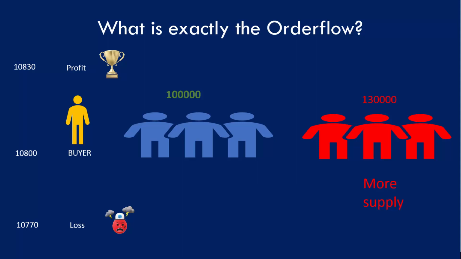And if your stop loss is at 10,770, that's how your stop loss is going to be hit, and that's how your trade goes into a loss. So there is a demand supply mismatch at 10,800. Price moves in the direction of the more aggressive player. In this case, there were 30,000 sellers who were more aggressive, so price moved downwards.